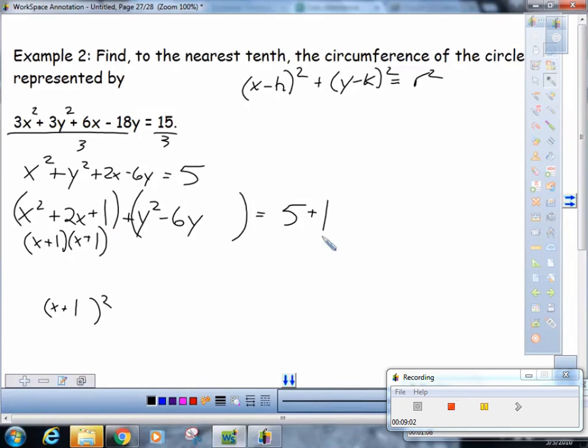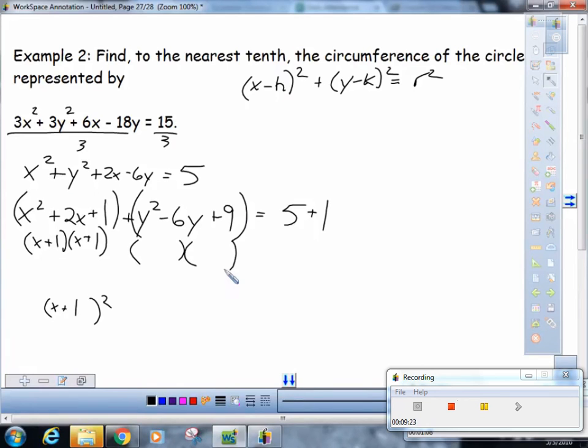So what are we going to fill in inside the parentheses with the y again? A plus 9, very good. How do you factor y squared minus 6y plus 9? Y minus 3 squared, excellent.